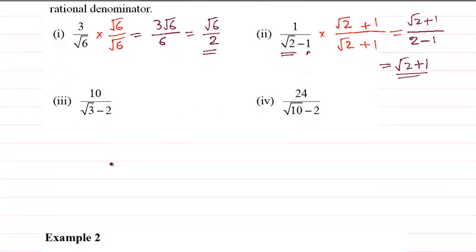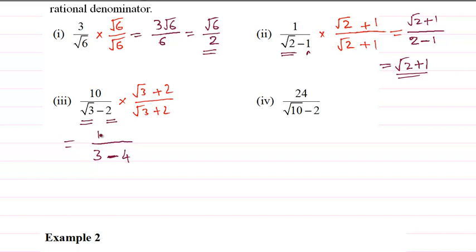Here, third one, same thing. We multiply top and bottom by the conjugate, which is root 3 plus 2, root 3 plus 2. Always the denominator is going to be square of this one, which is 3, always minus sign, square this, which is 4.